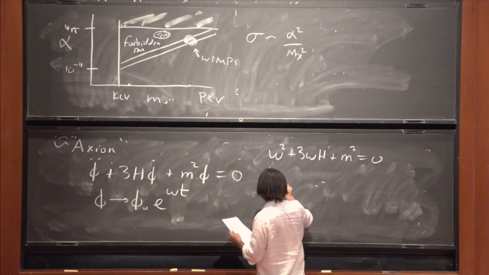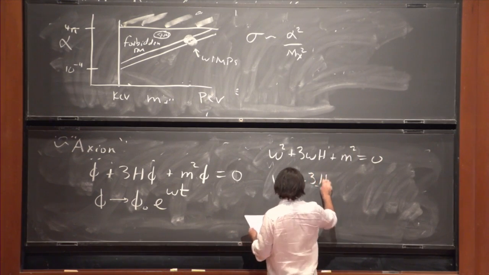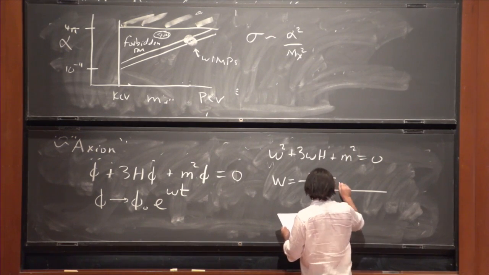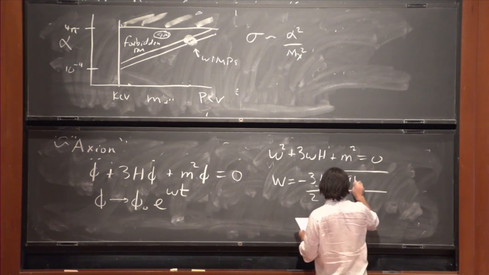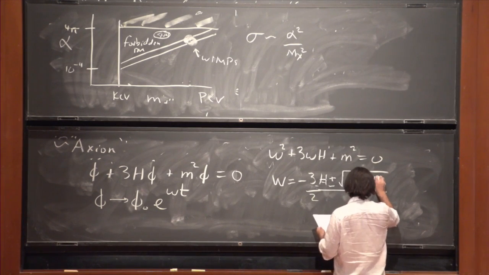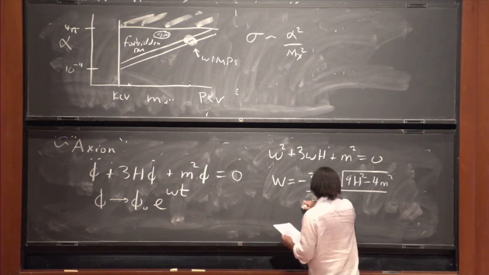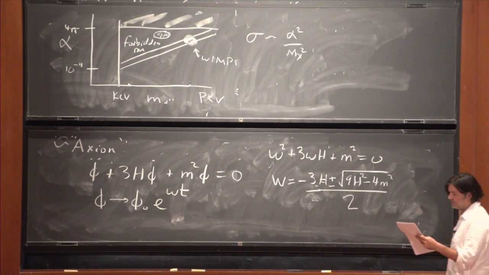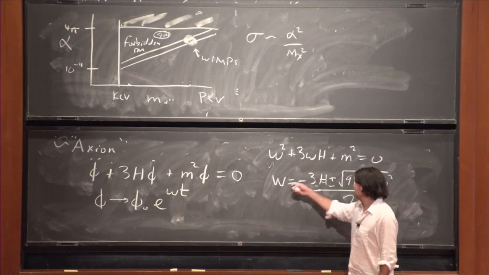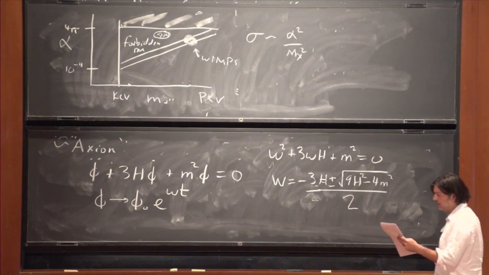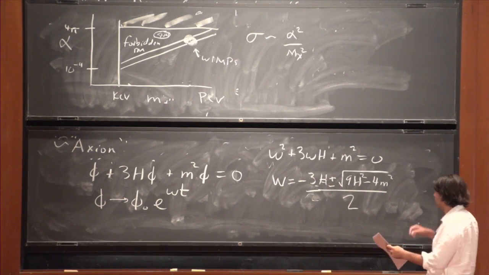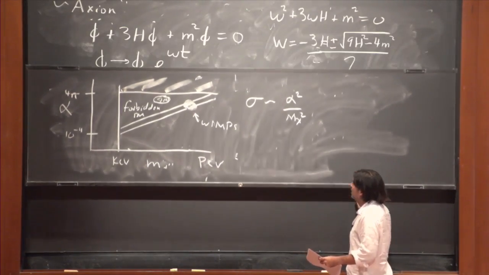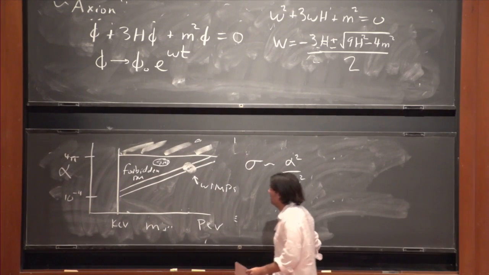And when you do that, you all know how to do the quadratic formula, and yet I will write it nonetheless. So here's what you find. So the frequency is this. So you can take two limiting cases. You can take first that m is much, much less than Hubble.